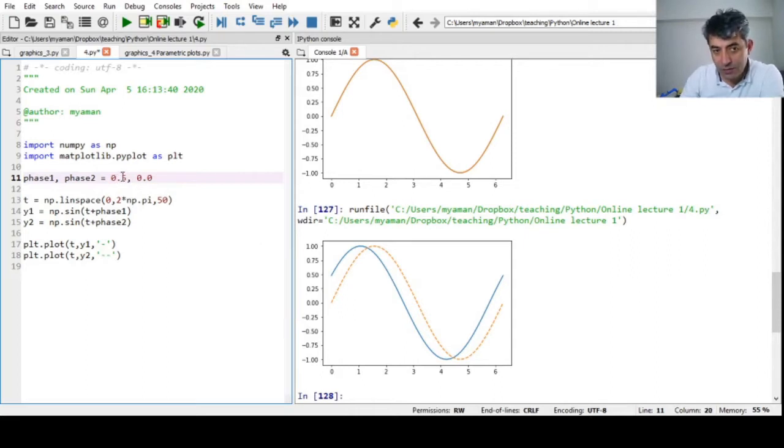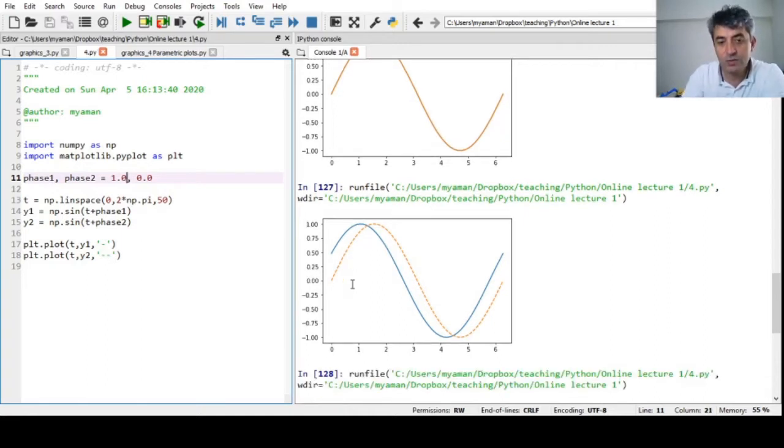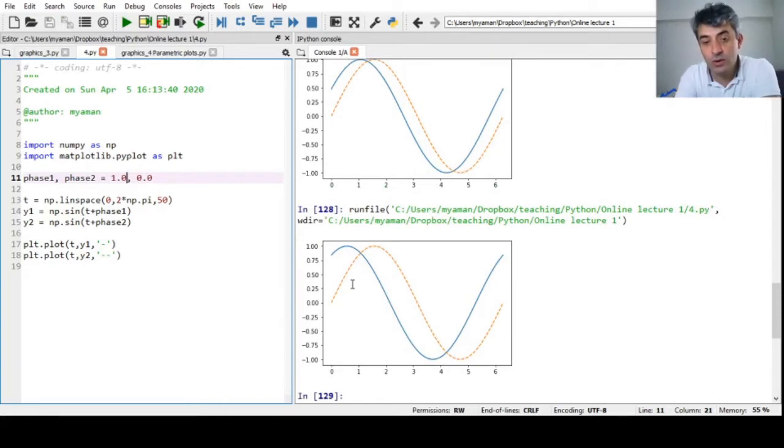Okay, so if I increase this to 1, for example, 1 radian, then this first curve will be even more ahead. What do I mean by ahead? At t equals 0, the first sine signal has already accumulated values of more than 0.75.